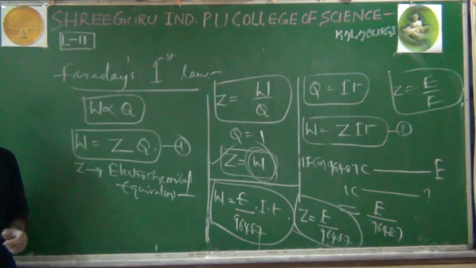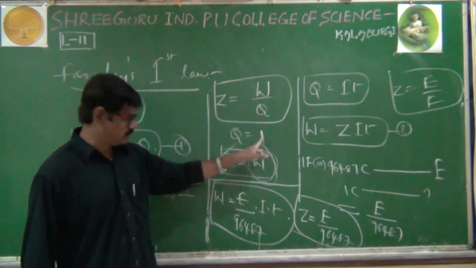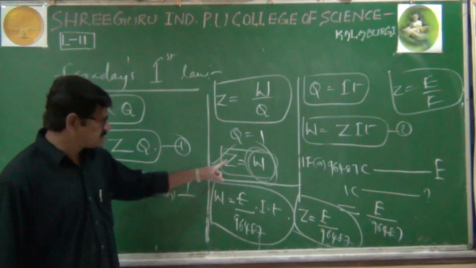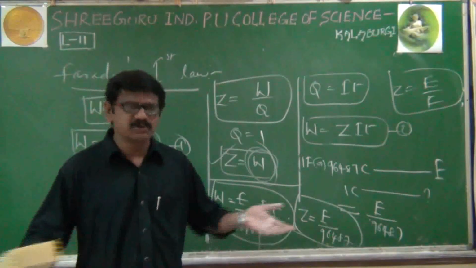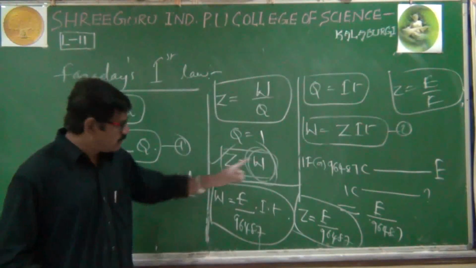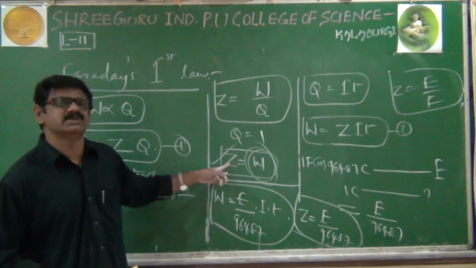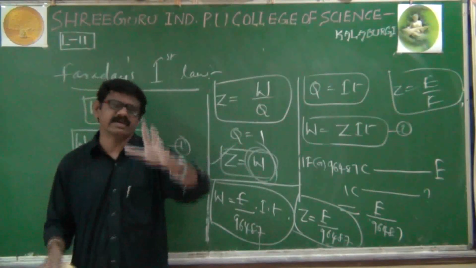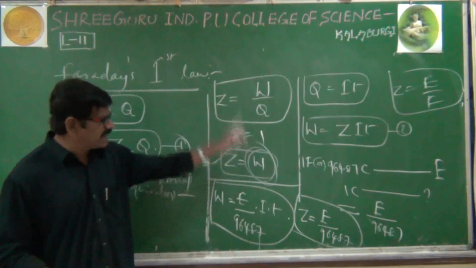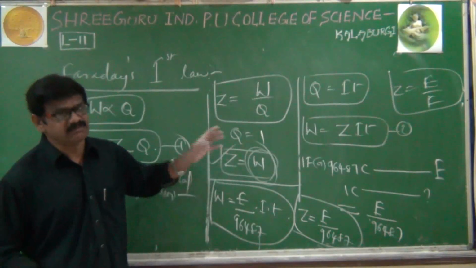Z equal to W by Q. If Q equal to 1, then Z equal to W, the mass of substance deposited when 1 coulomb of current is passed. Therefore, the mass of substance deposited when 1 coulomb of current is passed into an electrolytic cell is called the electrochemical equivalent.